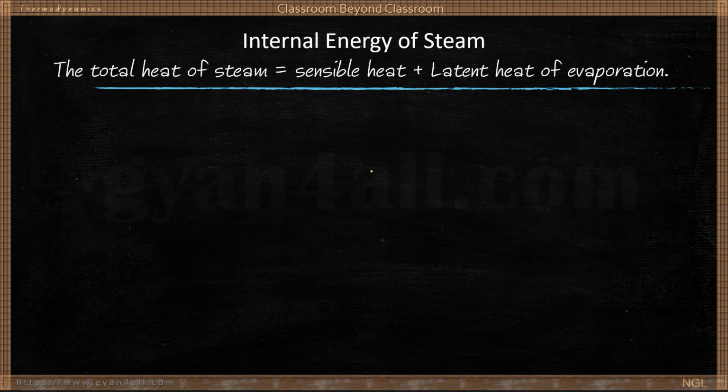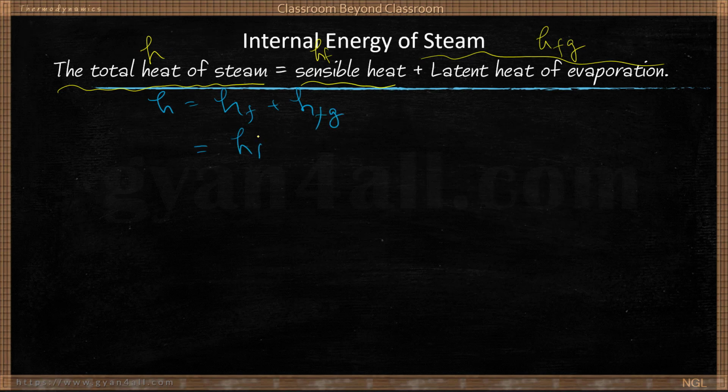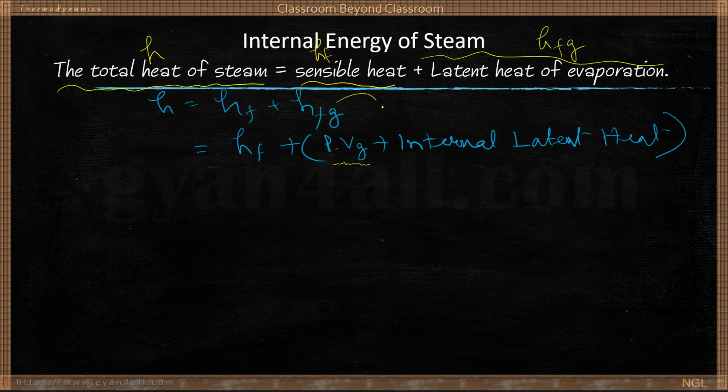So the total heat of steam is how much? We know sensible heat, that is HF, plus latent heat of vaporization, that is HFG, and this is the total heat H. From this we can also write that HFG is PVG plus internal latent heat.